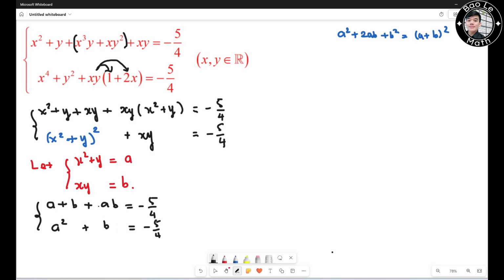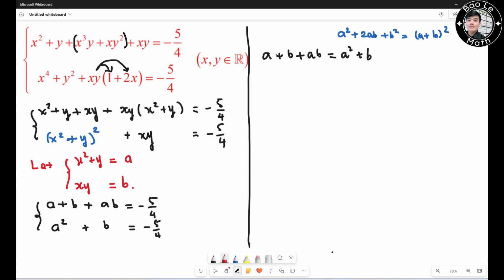We see that this guy equals negative 5 over 4 and this guy equals negative 5 over 4. So we just equate this guy and this guy. So it turns out to be a plus b plus ab equals a squared plus b. Alright, so we can cancel out b both sides.